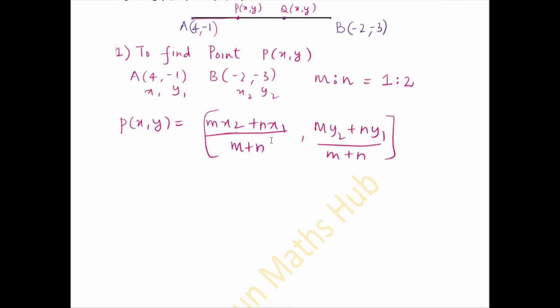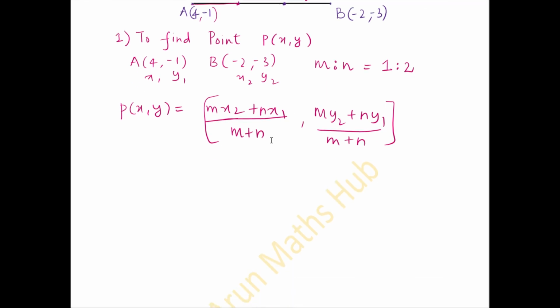Now to find the point P(x, y), the point A will be 4, minus 1 and point B will be minus 2, minus 3. The ratio will be 1:2. By using the section formula, P(x, y) equals (m x2 plus n x1) divided by (m plus n), comma, (m y2 plus n y1) divided by (m plus n). Now substitute the values.